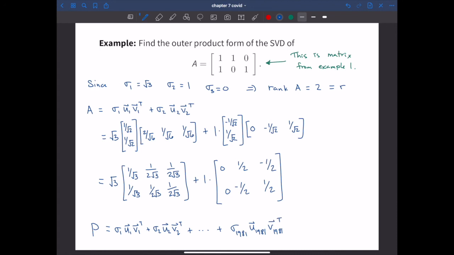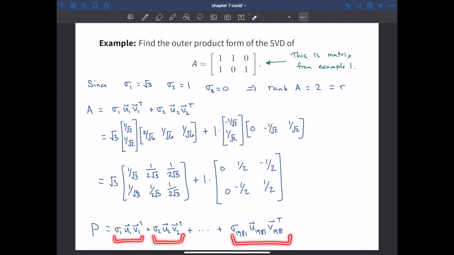So we could take that complicated image that was made up of all these pixel values that formed this image of my daughter, and split it up into a bunch of really simple rank 1 pieces.